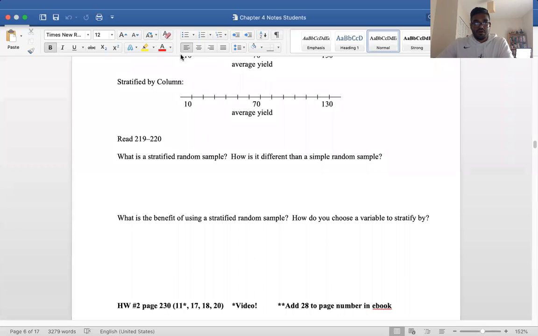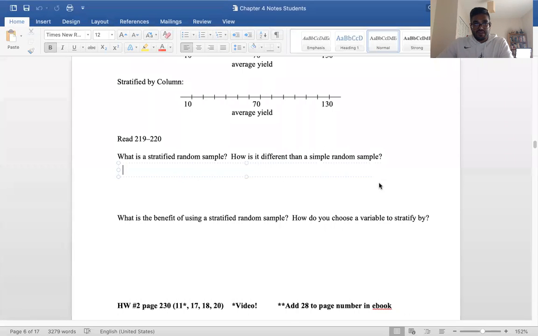So stratified sampling. So determine strata or classes, okay, or groups based on known facts about the population.